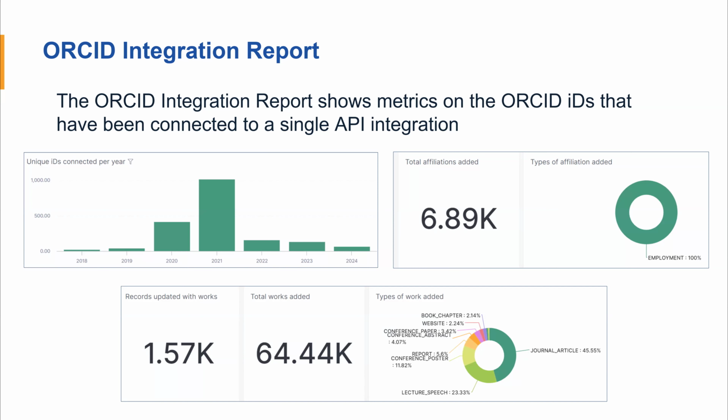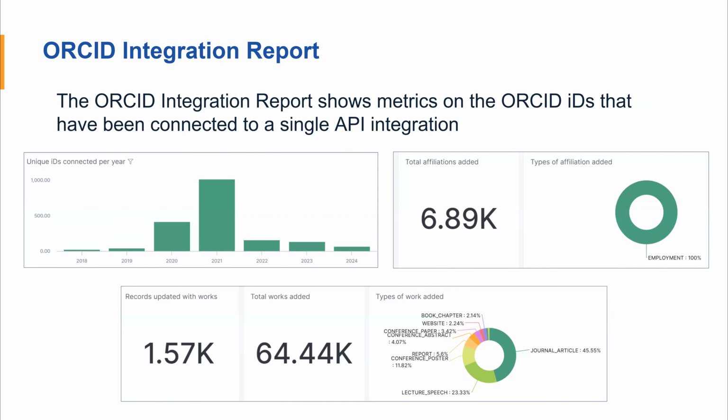You can see these examples are still from RTI. They've been adding employment affiliations to ORCID records, and they've written over 6,000 employment affiliations to ORCID, which is wonderful. They've also been writing works information to ORCID, and the report gives you that breakdown. It looks like they've mostly been writing journal articles, but lots of other kinds of works are getting added to their researchers' ORCID records through their integration as well. And so you have these reports available to keep tabs on the growth over time.